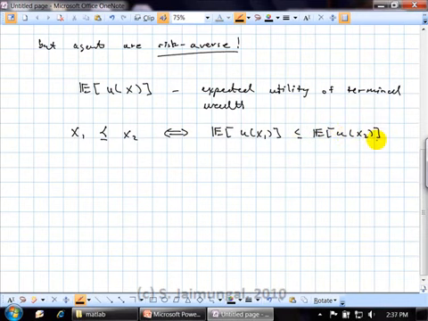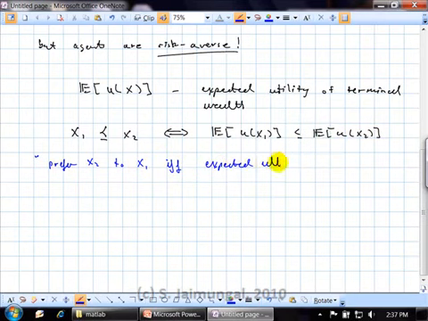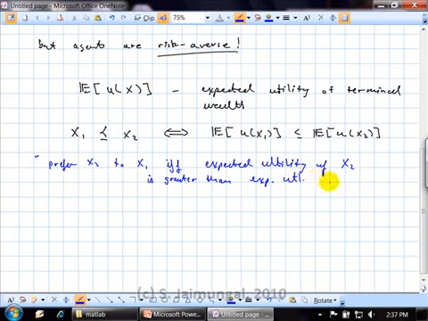Let me write this in English: I prefer x2 to x1 if and only if the expected utility of x2 is greater than the expected utility of x1.